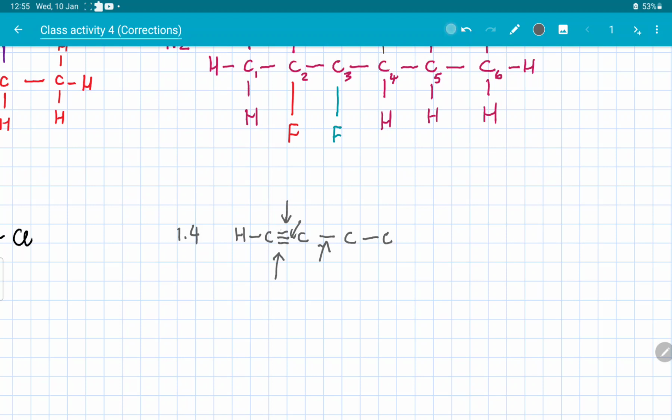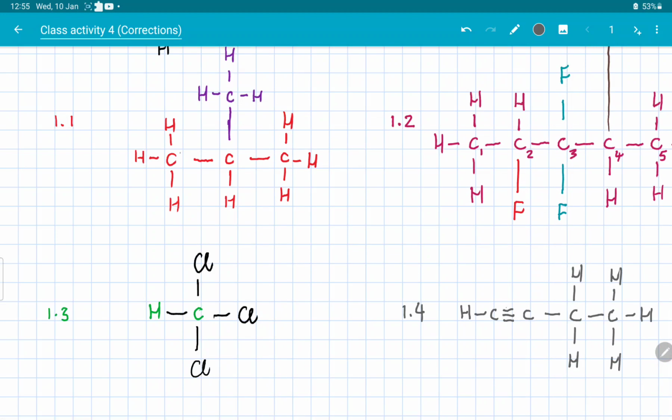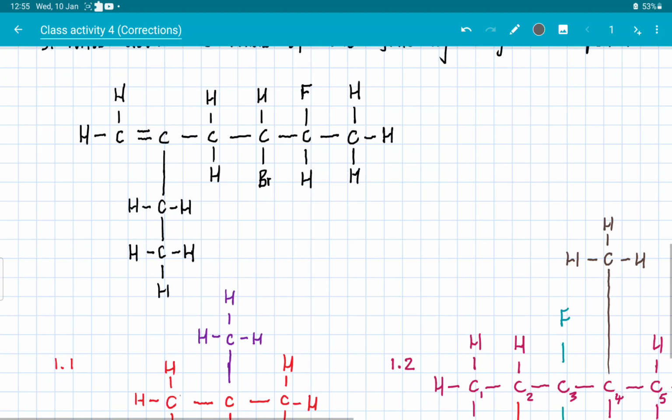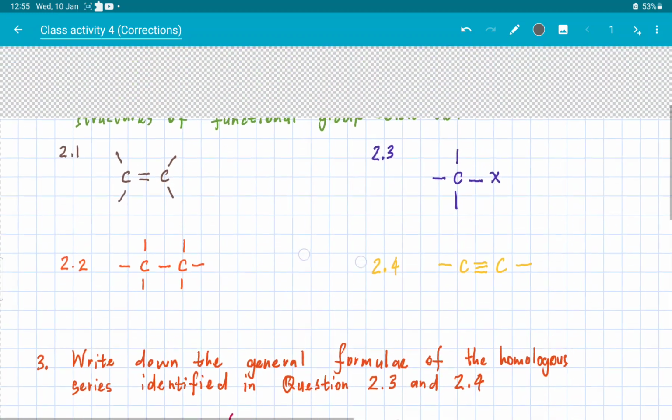So I go to carbon 3, stable octet structure, 1, 2, 3, 4. And this is my last one. But-1-yne, that is it. The next one I'm going to write next to them because there's space there.